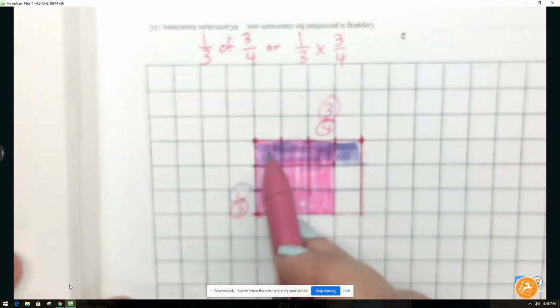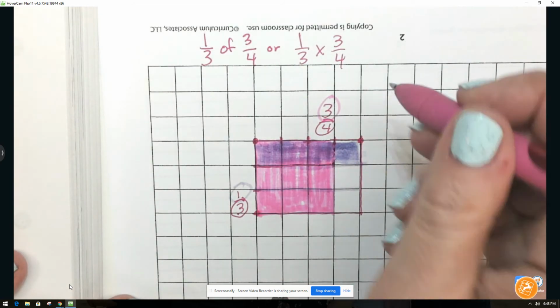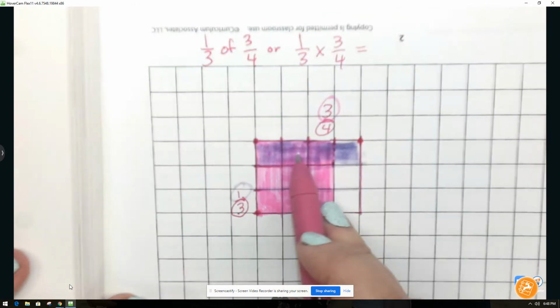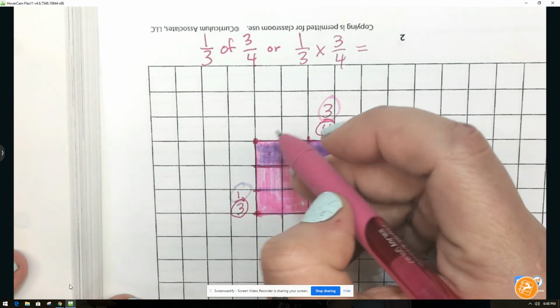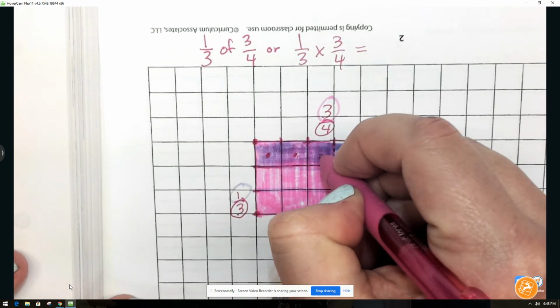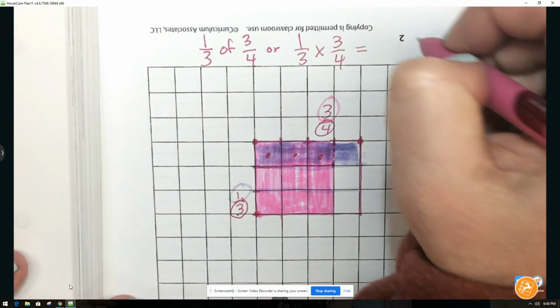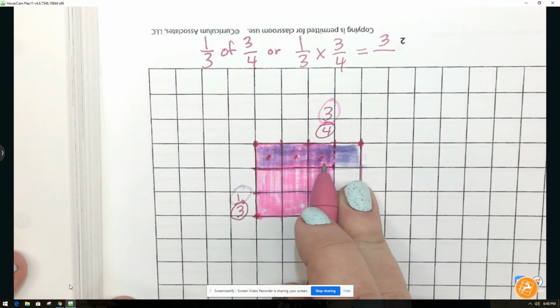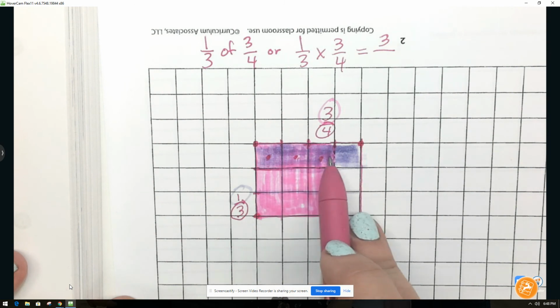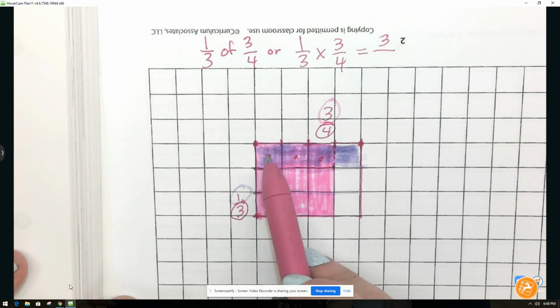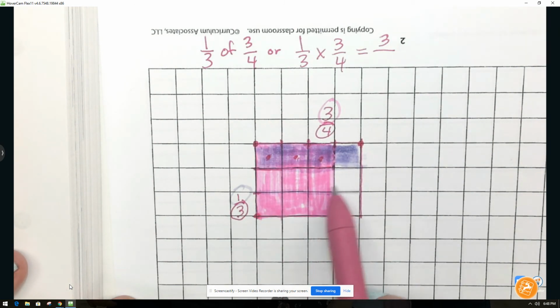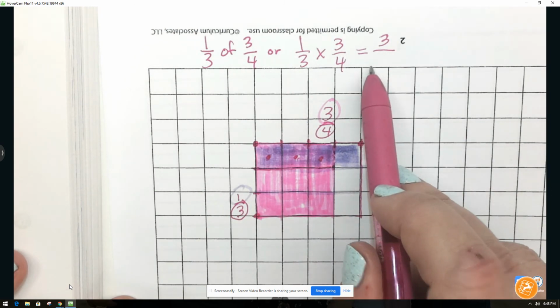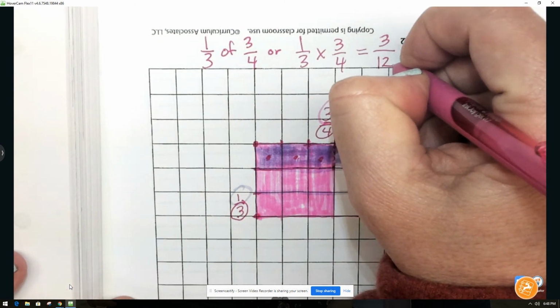So then remember, your new numerator is the number that you colored in with both. So 1, 2, 3 is my numerator because I shaded in 3 of these equal parts. And then I'm going to count how many equal parts there are all together to get my denominator, which is 12.